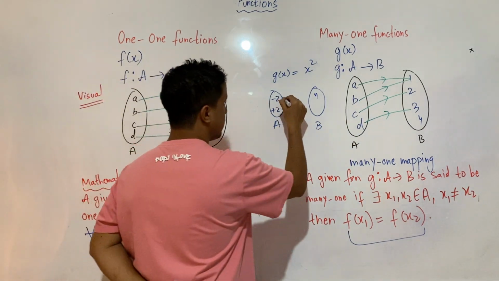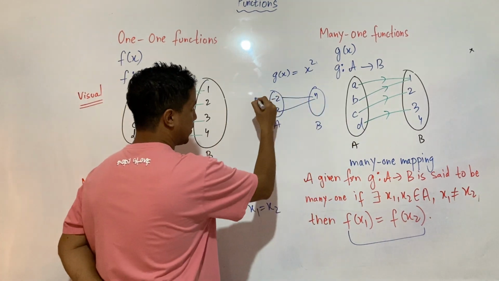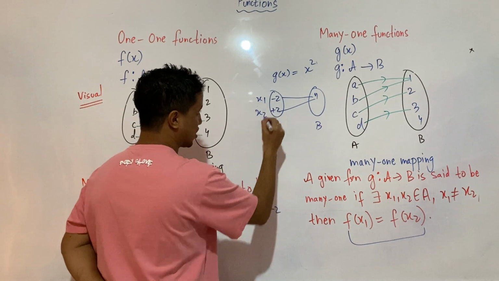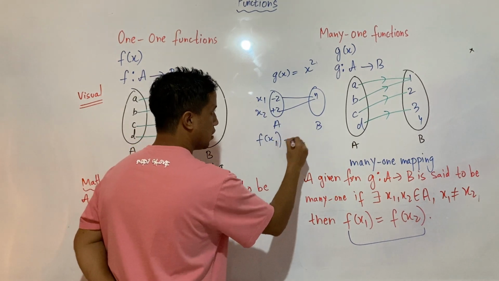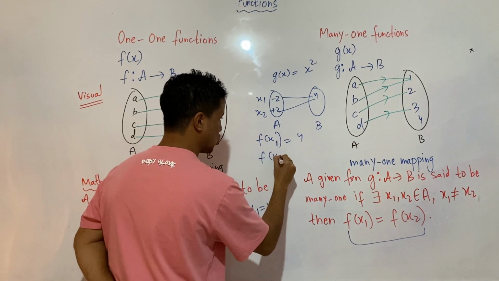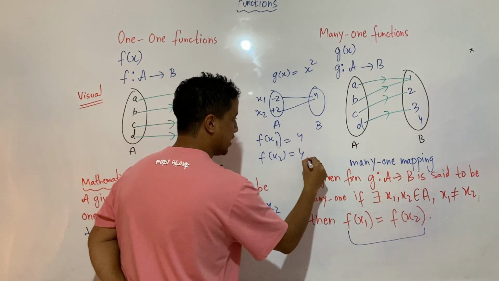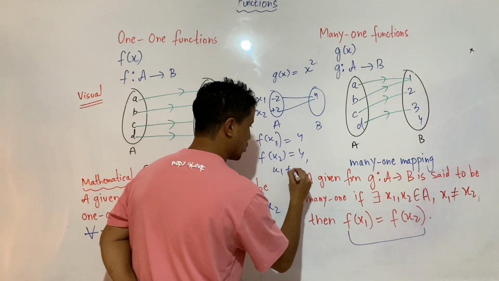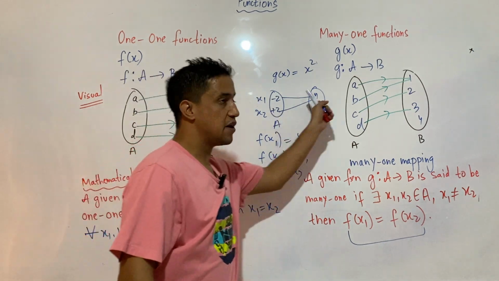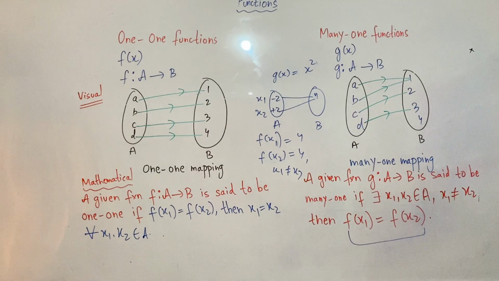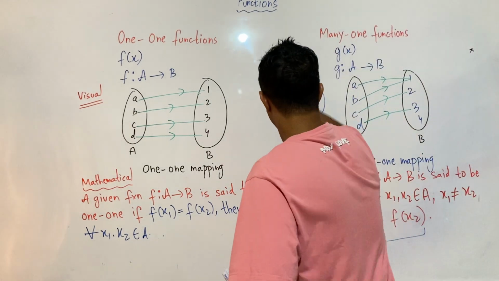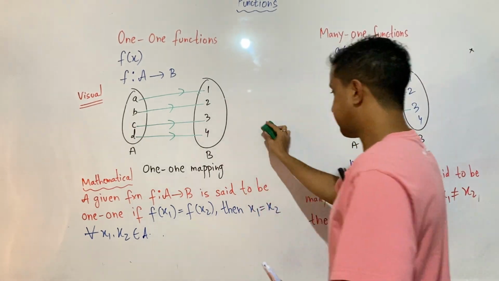Now see here, if this is x1 and this is x2, then f of x1 is 4 and f of x2 is also 4, but x1 is not equal to x2. So this is a many-one function. Okay, I hope this thing is clear to you. So this is what one-one and many-one functions say.